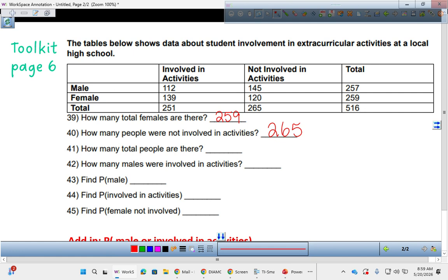How many total people are there? What do you guys think? How many total people are there? Anybody have a guess? Not a single guess.